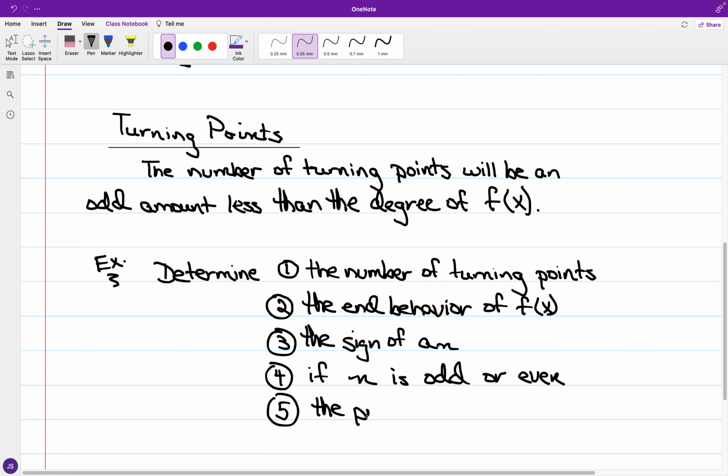And also the possible degrees of f of x.